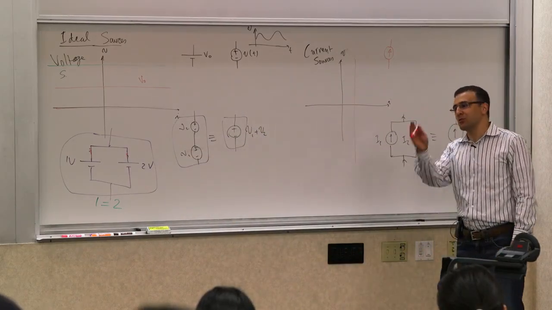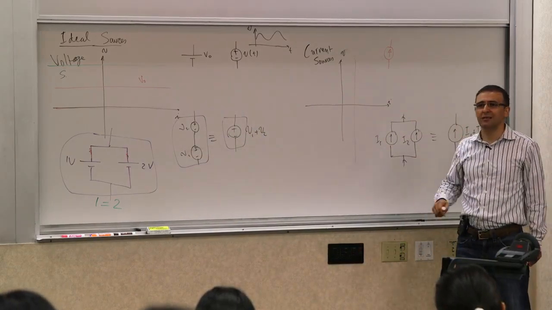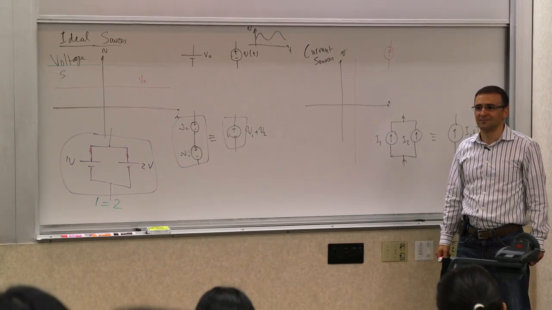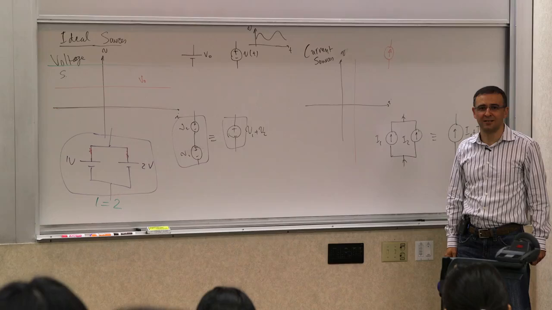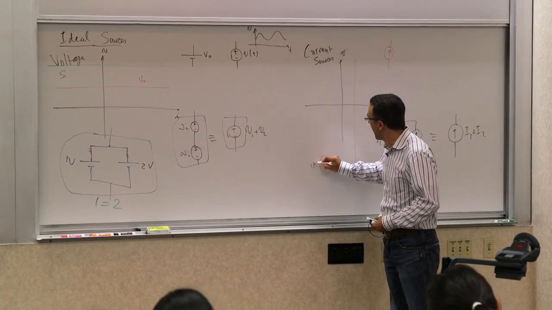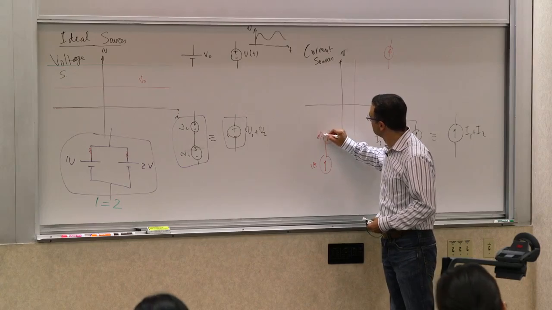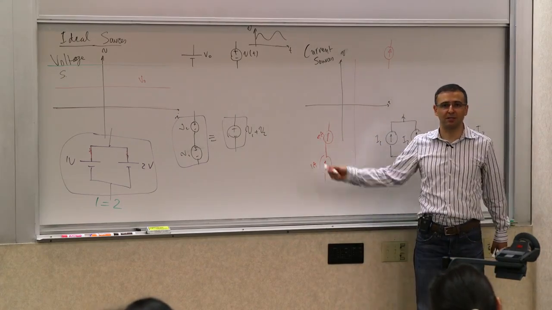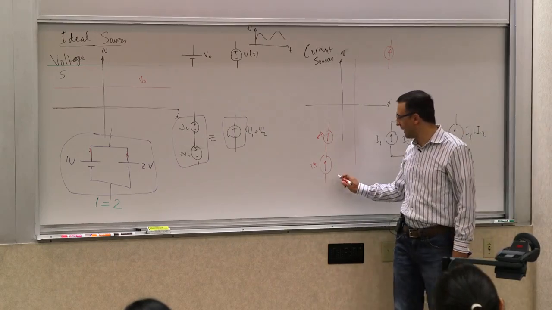Now, let me ask you quickly before we move on, what is do all of that in the current domain? For current sources. 2 current sources of different values in series, right? 1 amp in series with 2 amps. This says the current of this branch is 1 amp. This says the current of this branch is 2 amps.